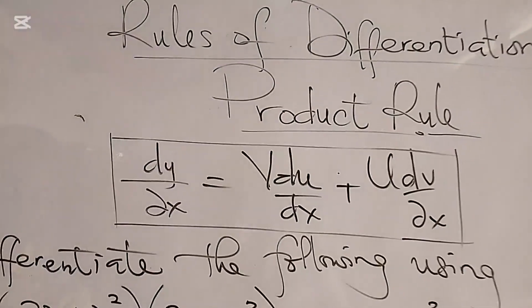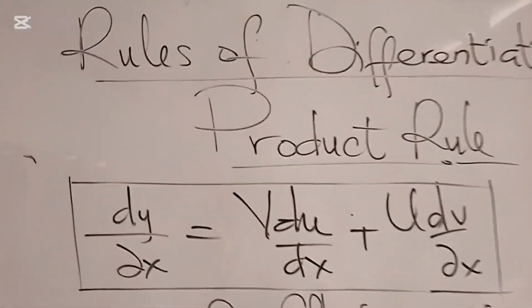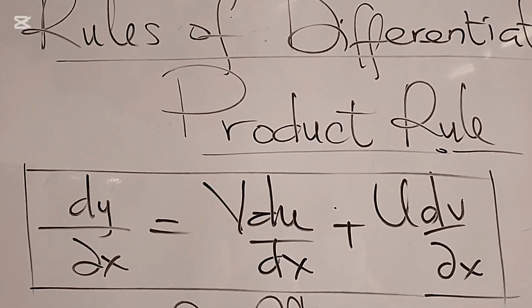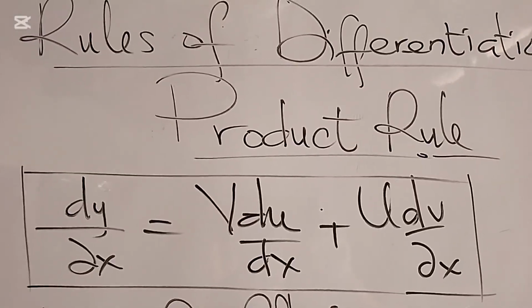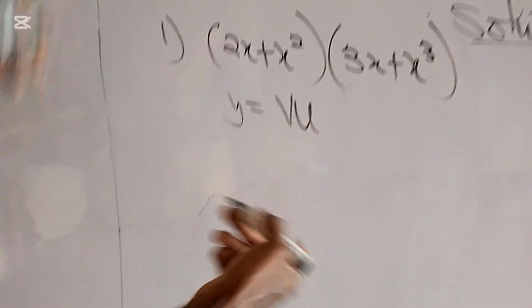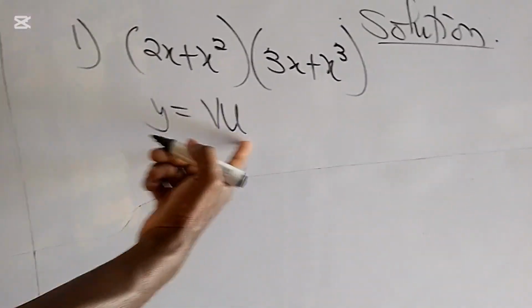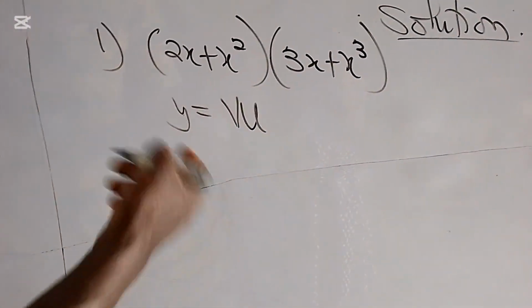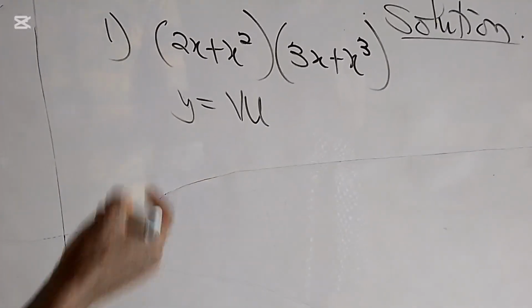We have our y, which is equal to uv, or vu, or u multiplied by v, because multiplication is commutative and it is also associative. Good.